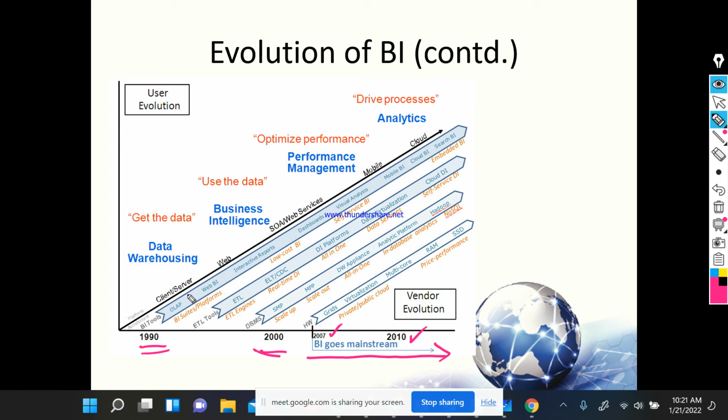And if you take a look at this from client server, web, this is software as a service, web service, mobile, cloud. And if you take a look at the upper, get the data, that is data warehouse, use the data, business intelligence, optimize performance, performance management, and drive processes, analytics.